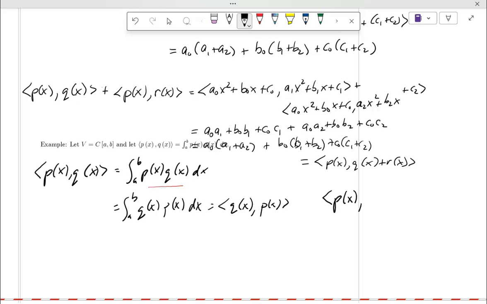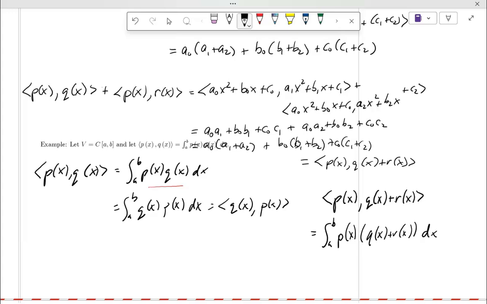What does the inner product of P of X with a sum of, say, Q of X and R of X look like by the definition that we're using? Well, we need to prove that, right? That's what we're trying to prove. What does it look like as far as the definition for our inner product in this case? So P of X times the sum.